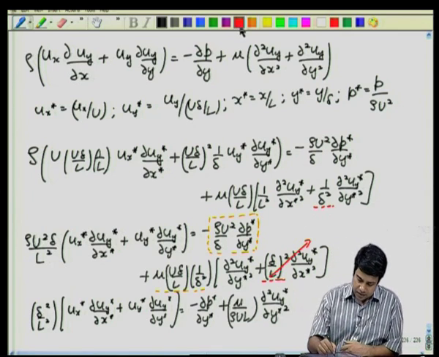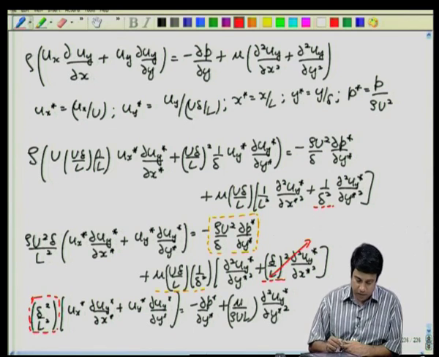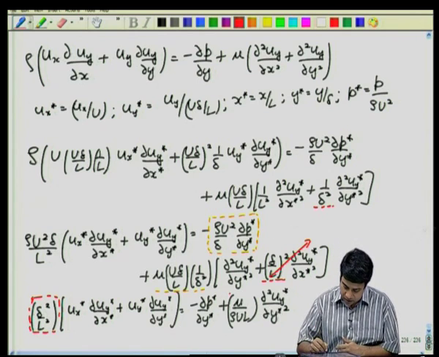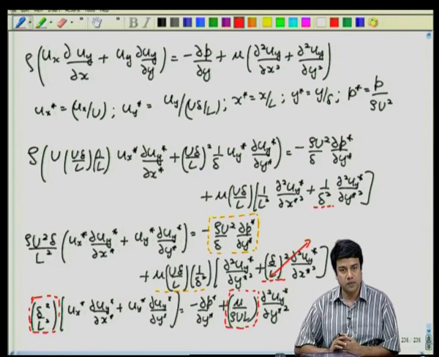You can see that this term contains a prefactor delta by L the whole square. Delta by L goes as Re power minus 1. So, in the limit as Re goes to infinity, delta by L the whole square goes as Re power minus 1, which goes to 0. This viscous term here contains a prefactor of 1 over Reynolds number.